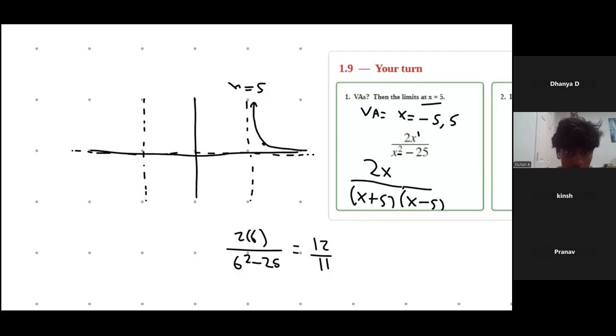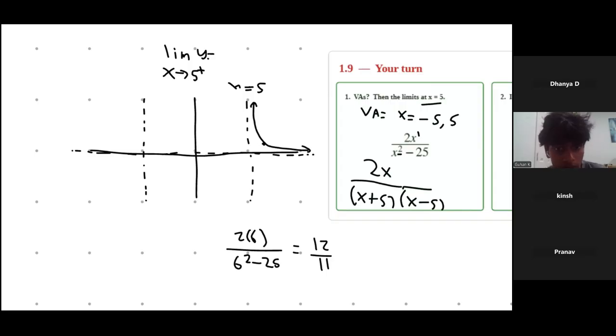So now we can see that the limit as x approaches 5 from the right side, the positive side, is positive infinity. So we write x approaches 5 from the right side, y equals infinity.